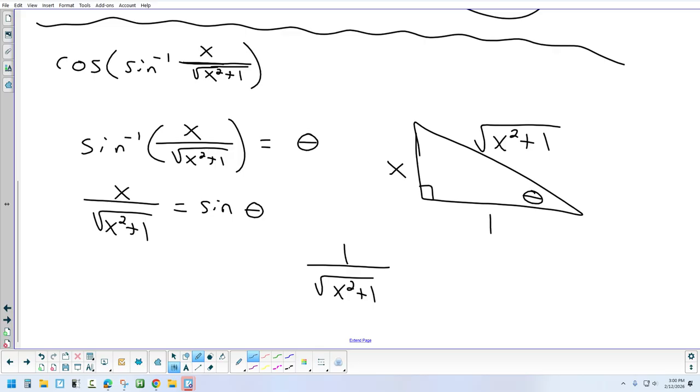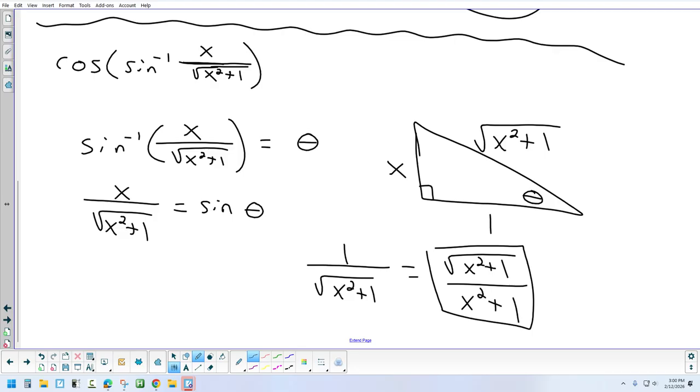So mathematically, if you plug in a value for x here, and in the original problem, it will come out the same. But can someone give me my final answer without the square root at the bottom? Yep, Travis. Square root of x squared plus 1 over x squared plus 1. Perfect. Yep, that's how you do it.